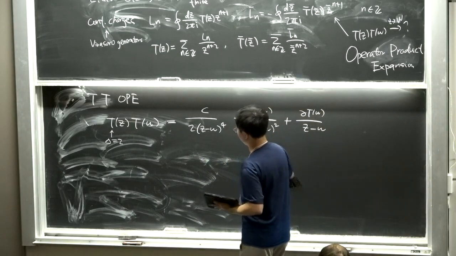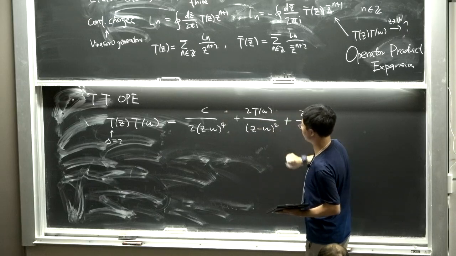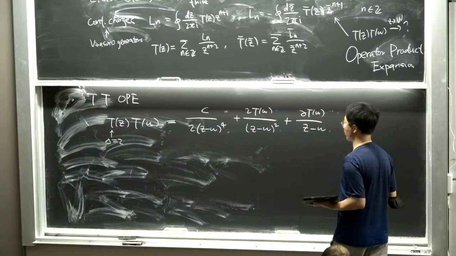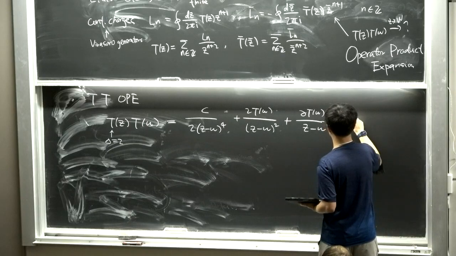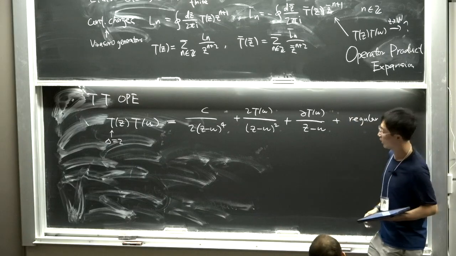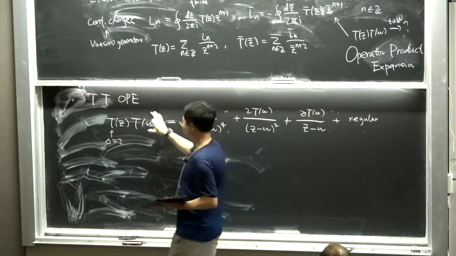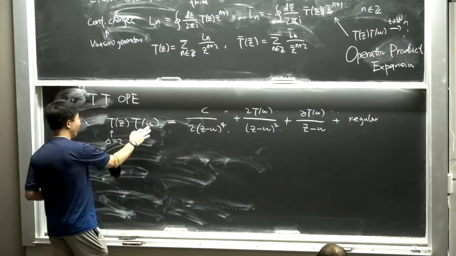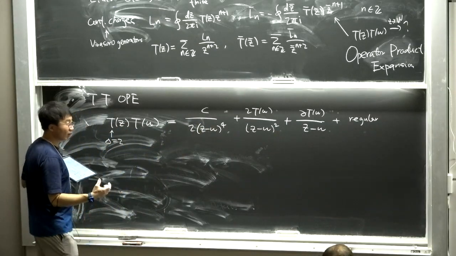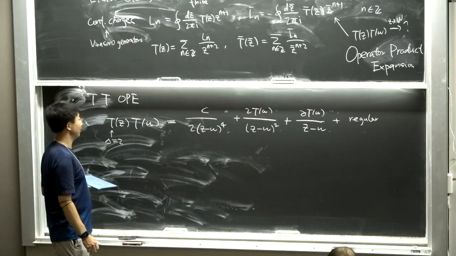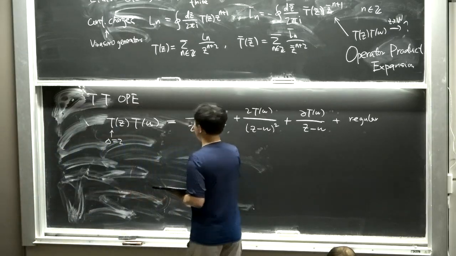These are the structures that can show up. This is dimension 4, this has 2 plus 2, dimension 4, and this is 3 plus 1, dimension 4. All the other terms are going to be regular in the limit that z goes to w. I've used dimensional analysis, the fact that everything on the right-hand side has to be holomorphic in z and w, and the overall translation symmetry, so everything has to depend on z and w together.